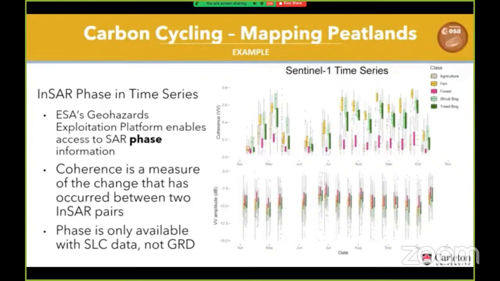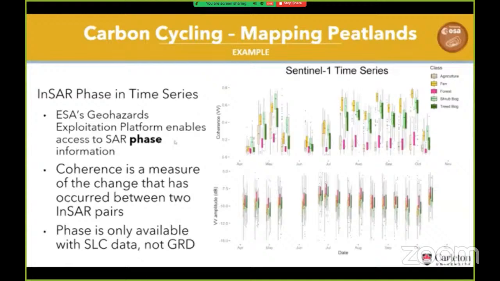However, there is another option, which is to use single look complex data, which still contains phase information. So in this case, we're talking about SAR interferometry and looking at pairs of images and essentially looking at the change that has occurred over time. So coherence is sort of like the cross-correlation coefficient between the two images. It says how similar they are, or it shows you what changes occurred.